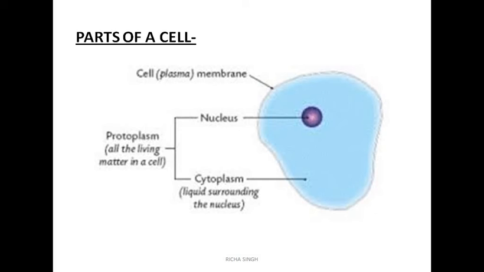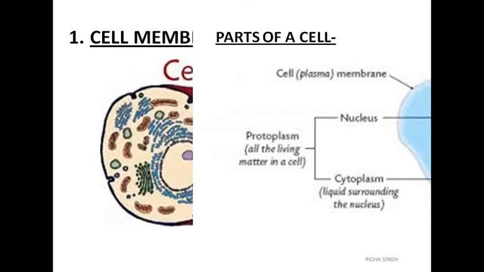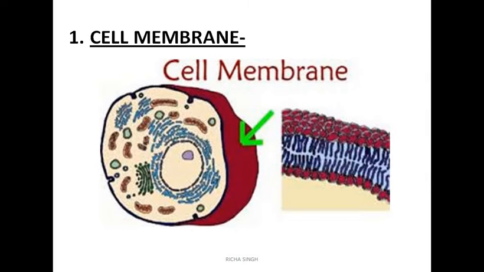The nucleus is present inside the cell membrane, and between the cell membrane and nucleus there is a jelly-like substance known as cytoplasm. Nucleus and cytoplasm together are known as protoplasm, or the living matter in a cell. Let's continue with each part separately.